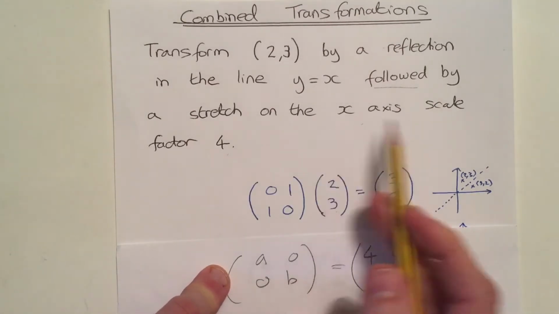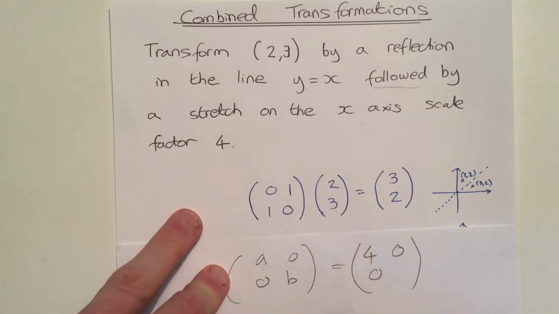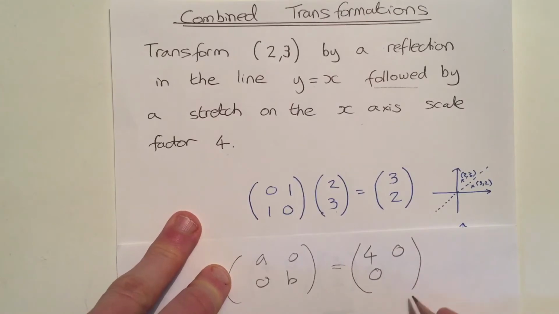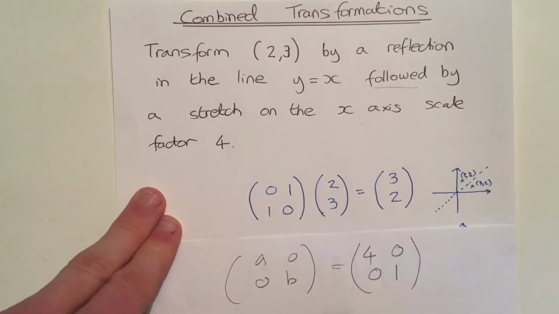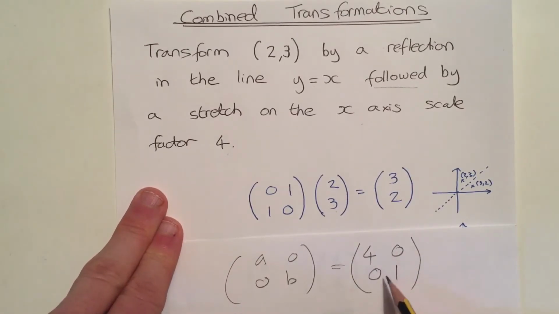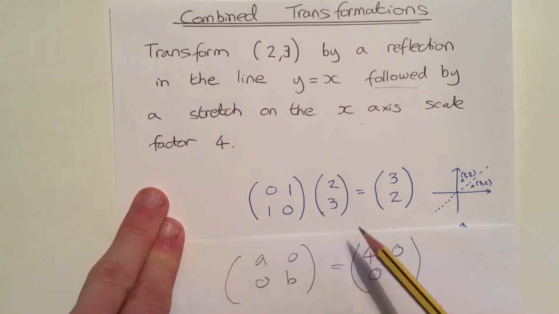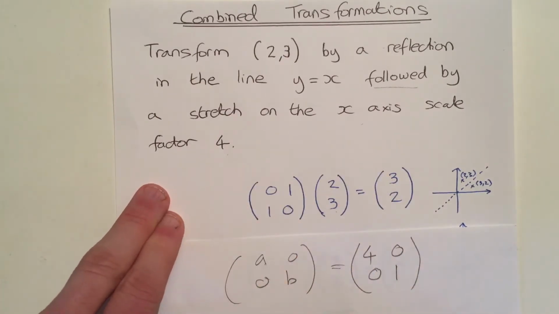Notice it's not saying that it's being stretched in the y direction at all, so that means that the y has to stay the same. So that means that b would be 1. I'm not going to multiply the y coordinate at all. So this is the matrix that represents a stretch by scale factor 4 in the x direction.